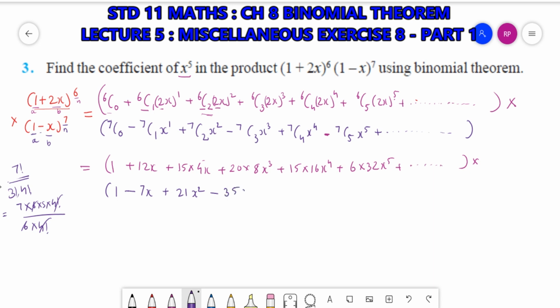So it's 35x cube plus 7C4, that will be equal to 7C3, so 35x raised to 4 minus 7C5, that will be equal to 7C2, 21x raised to 5, and so on.